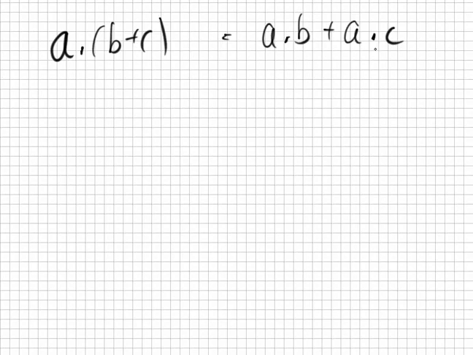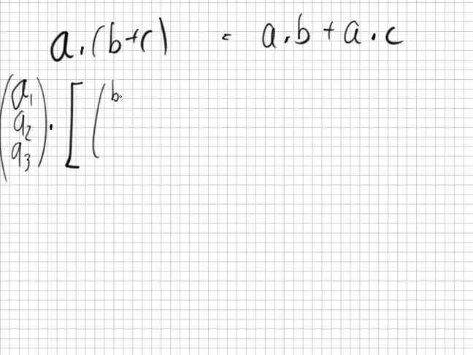Okay, does anybody think they've got it? Maybe. Let's have a look at it. So on the left here, A1, A2, A3, dot, bracket, B1, B2, B3, plus C1, C2, C3.